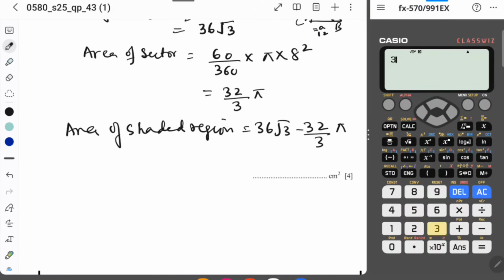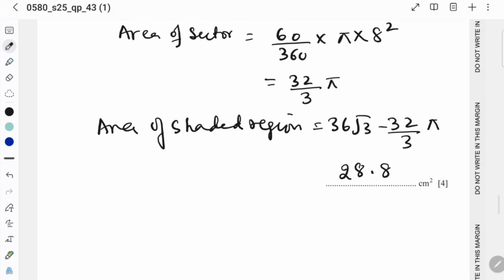So 36 root 3, minus 32 over 3 times pi, equals 28.84. So that is 28.8 square centimeters, corrected to 3 significant figures.